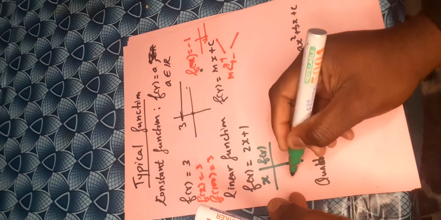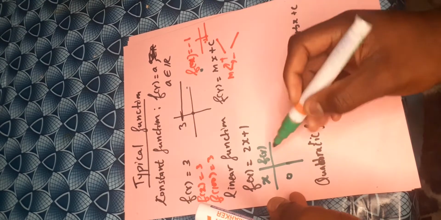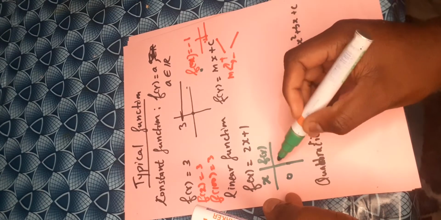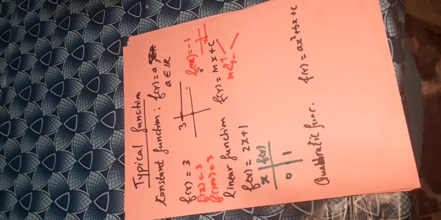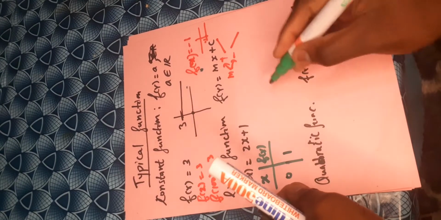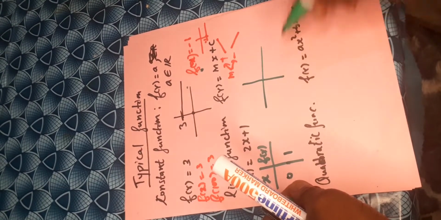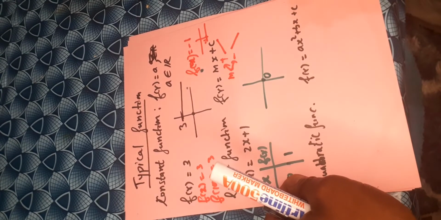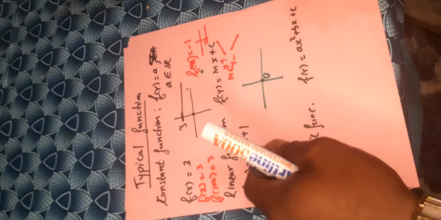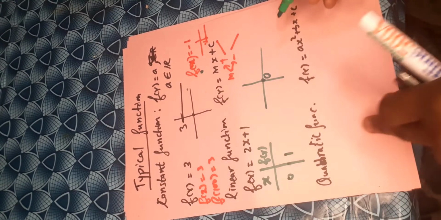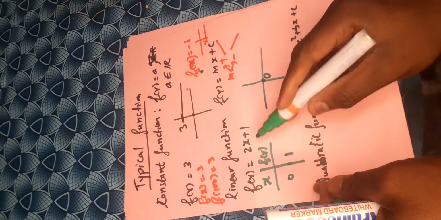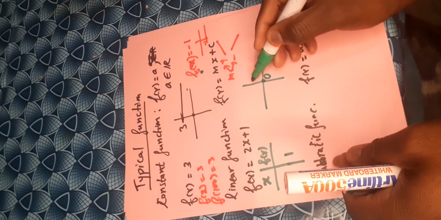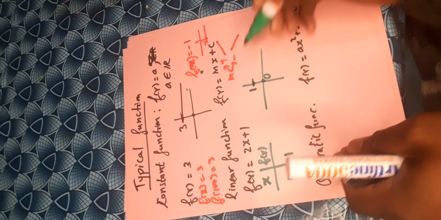I'll go for 0, for example. If x equal to 0, f of 0 will be 1, correct? This is your 1. It's sitting right there.